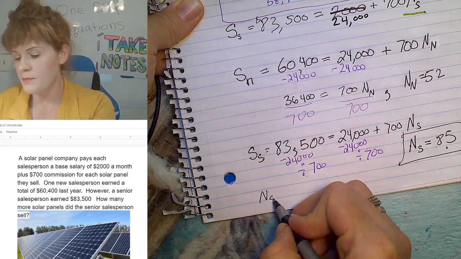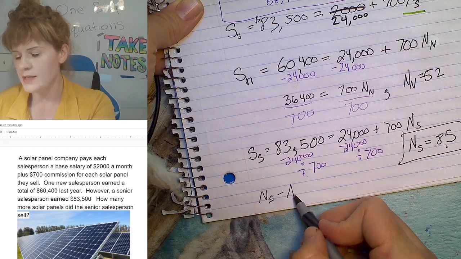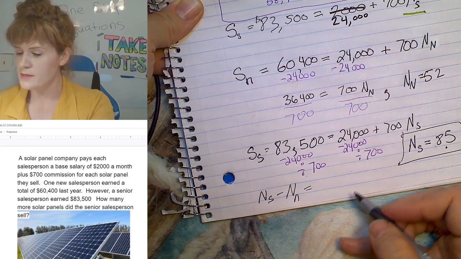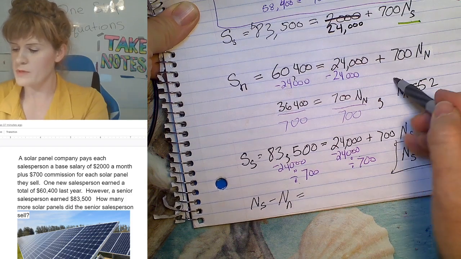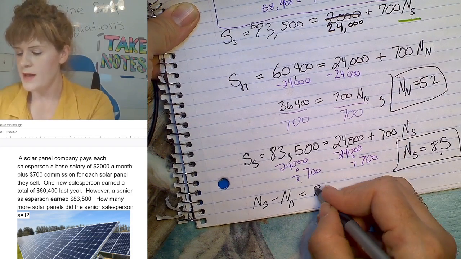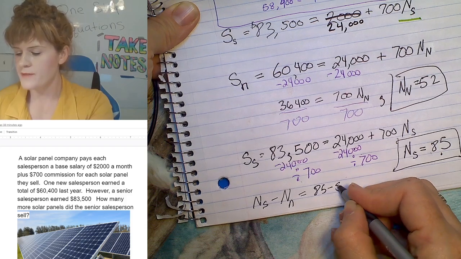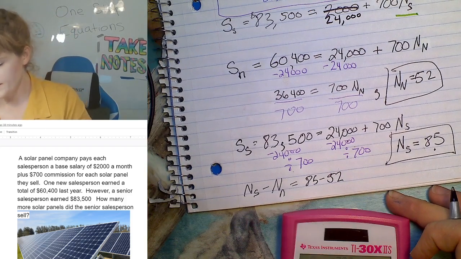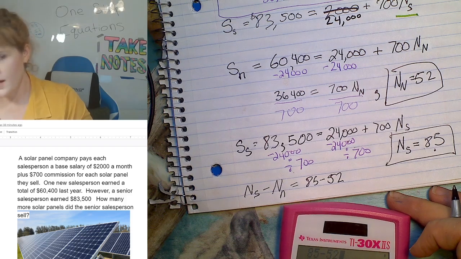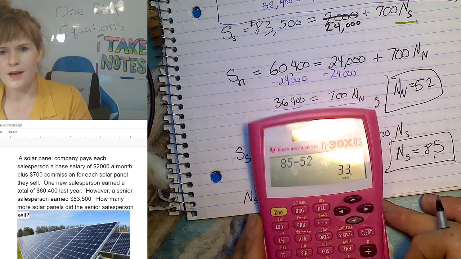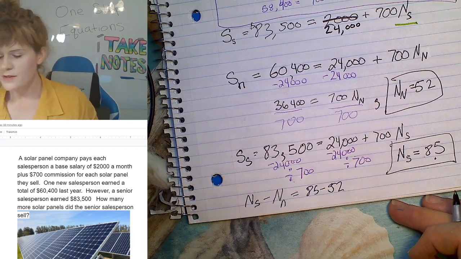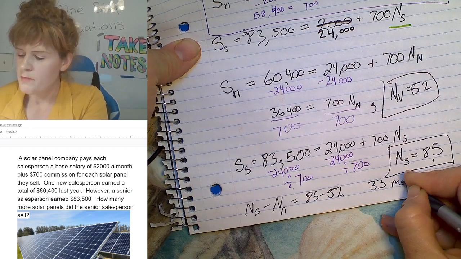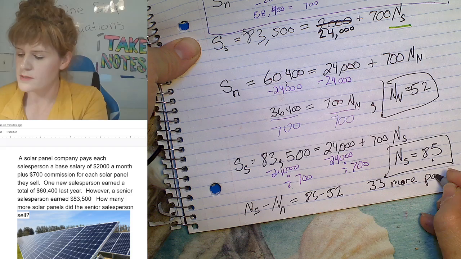So we need the number sold by the senior minus the number sold by the newbie, and that equals, here it is, 85 minus 52. 85 minus 52 is not going to happen in my head. 33. The senior salesperson sold 33 more panels.